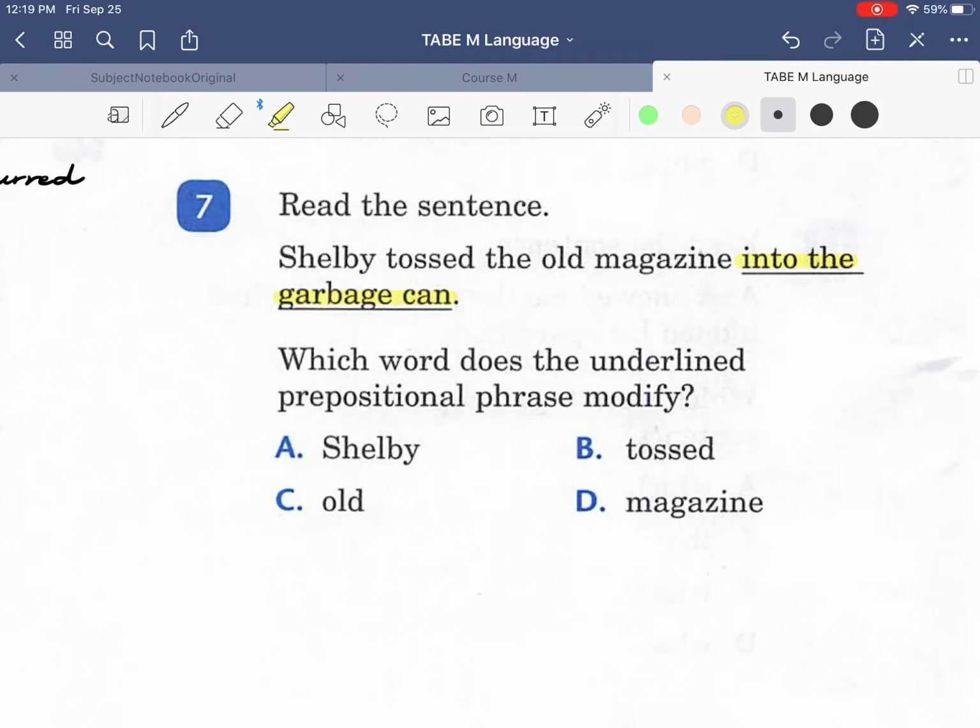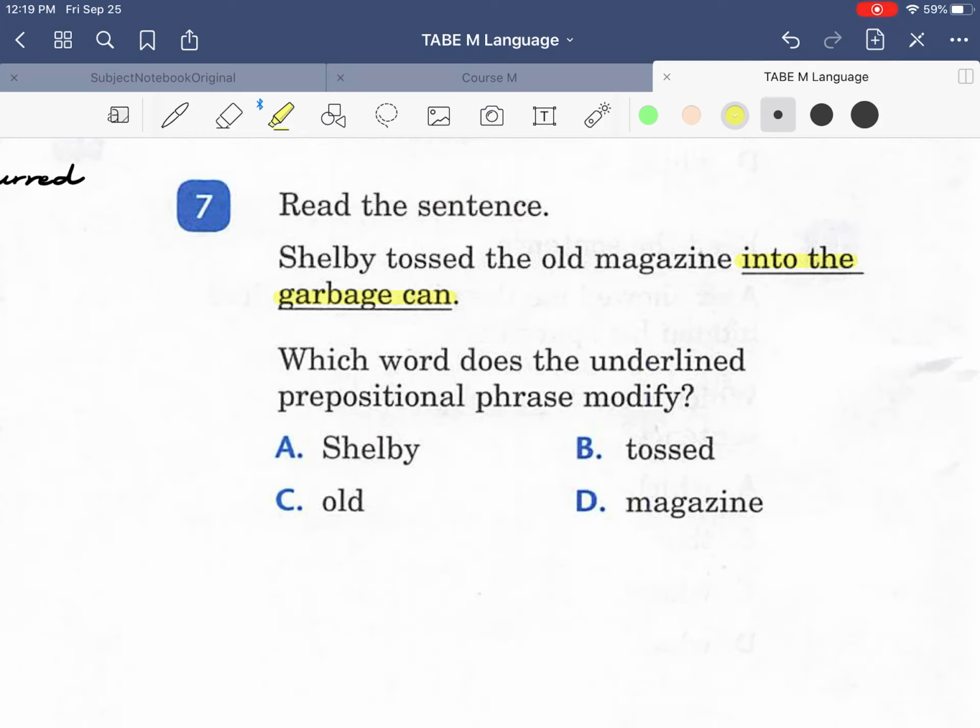Is it Shelby? That's into the garbage can. No. Tossed into the garbage can. Old into the garbage can. Or magazine into the garbage can.